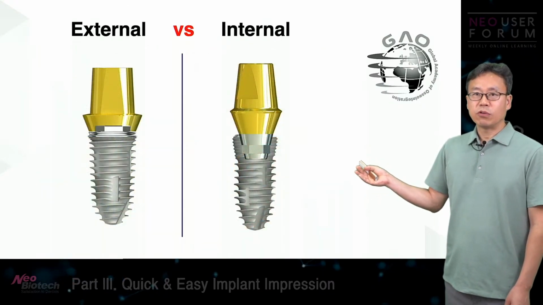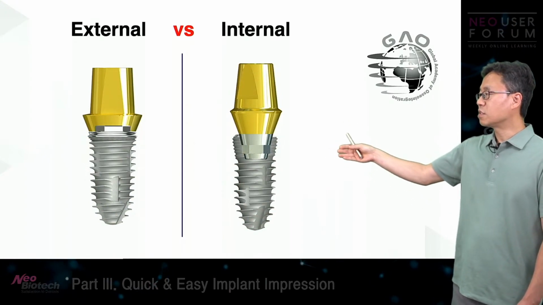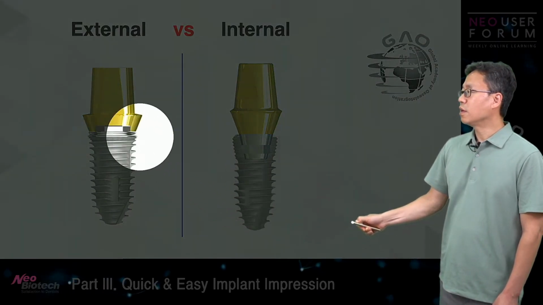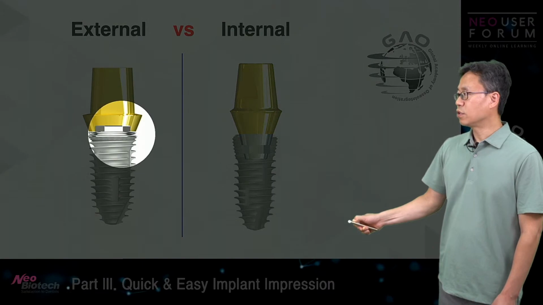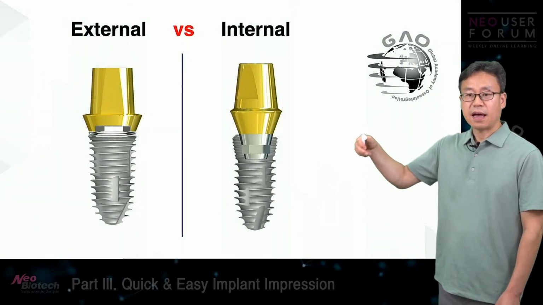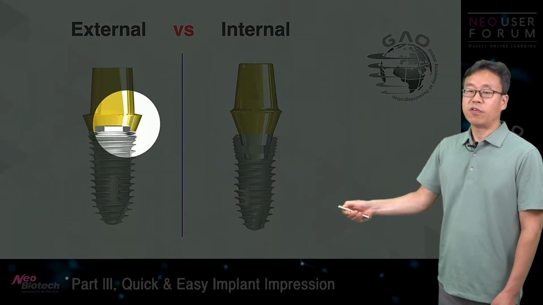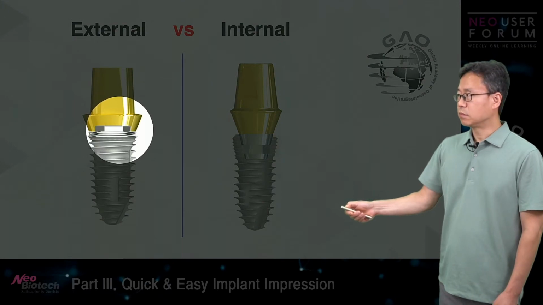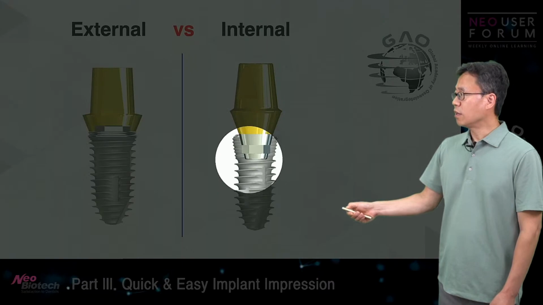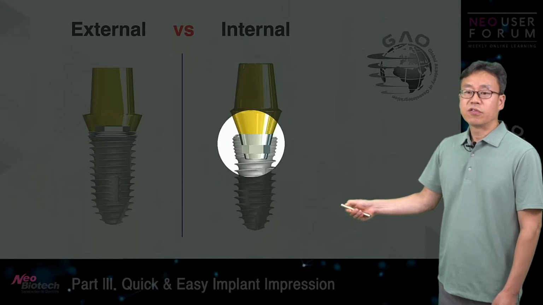This is clear when we look into the connection area. The left is external connection. This part has no friction whatsoever. So as long as the screw is out, the abutment just falls apart. But with internal connection, mostly it has friction.